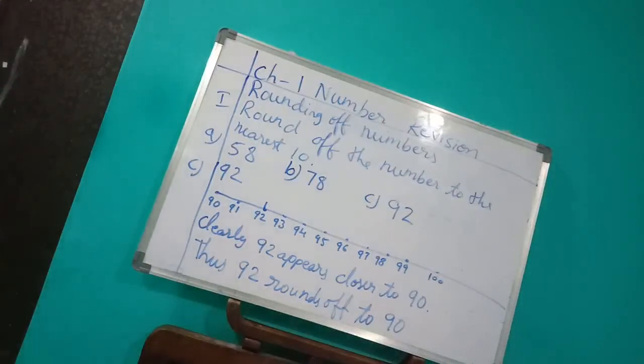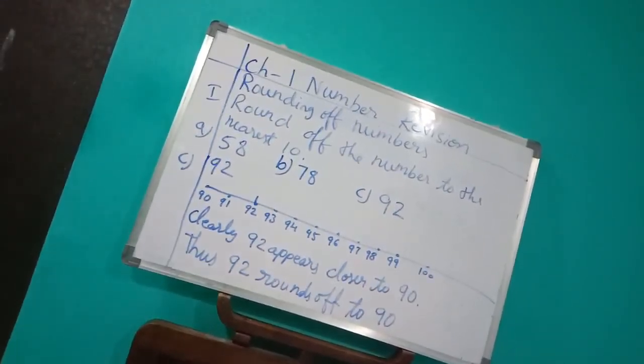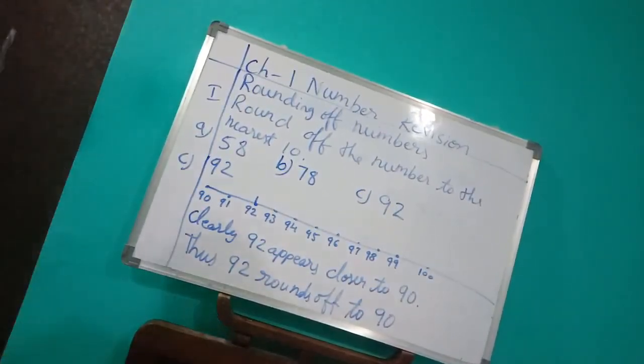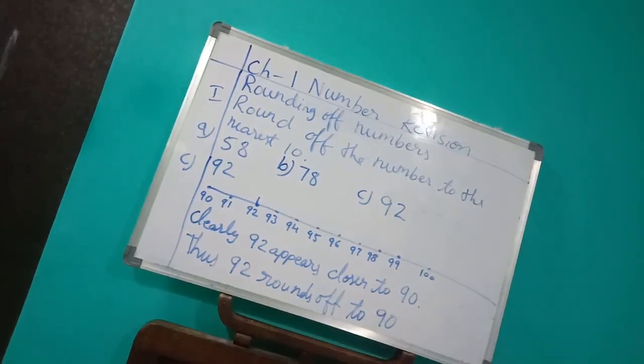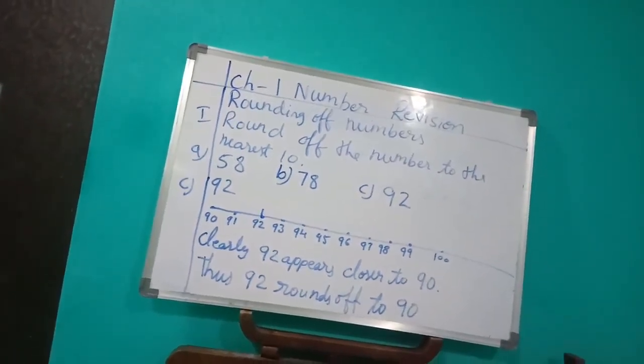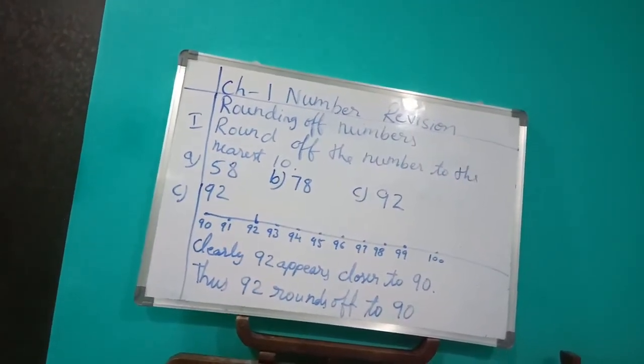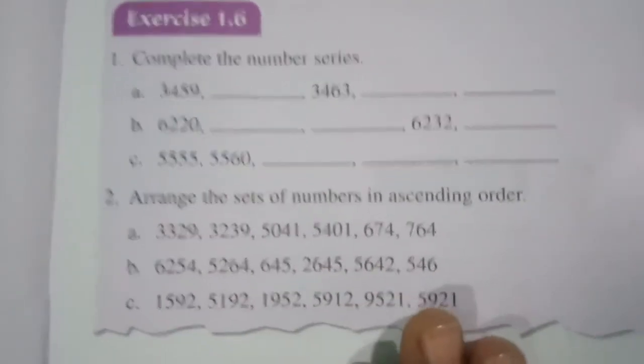Right, children? Write in the classwork. I will give you homework for you people. You should do that. Ascending order and descending order. Complete the number series. Everything. Is it clear, children? Children, this is your homework.